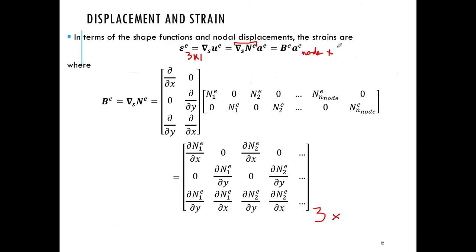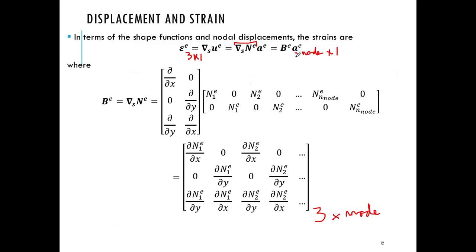Whereas for B^e, I have 3 by n node, the number of nodes that I have. Oh no, it's not 3 by n node.